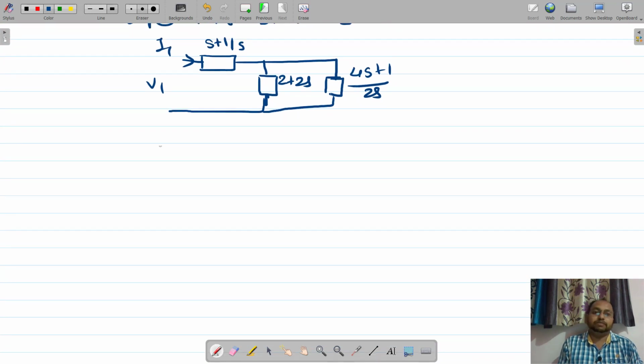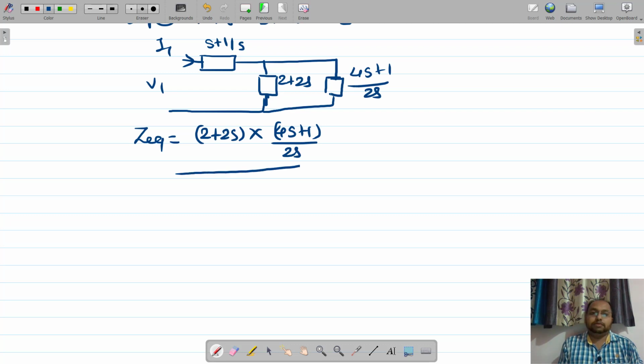Let us find out Z equivalent. Okay, so 2 plus 2S multiplied with 4S plus 1 divided by twice S, and it is 2 plus 2S plus 4S plus 1 divided by 2S. Go for the simplification.